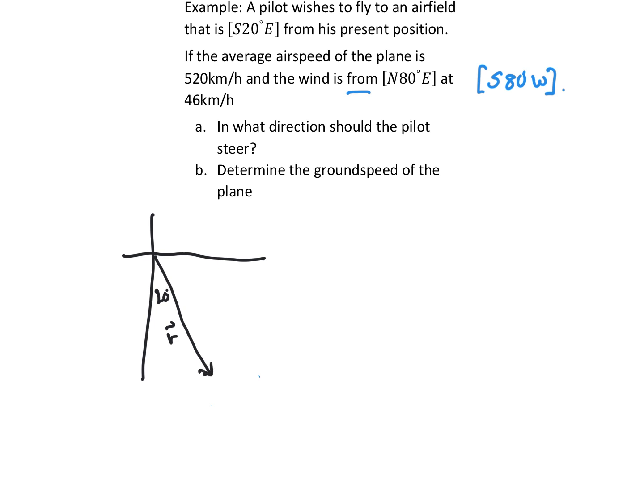If the wind's coming from south 80 west, we're going to have to point the plane somewhere in this direction so that when it meets the wind, the wind is going to push the plane, and then it will result in the direction of south 20 towards the east.